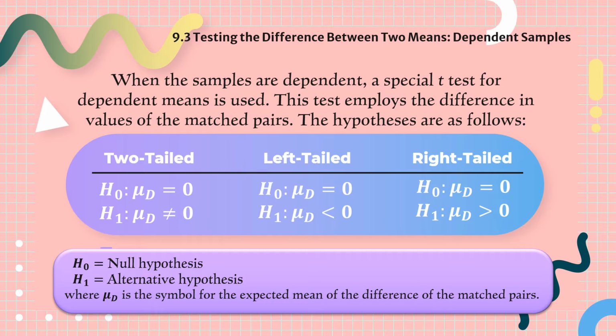We have two-tailed, left-tailed, and right-tailed. Nandyan pa rin yung null hypothesis natin and yung alternative hypothesis. But, yung gamit nating sign is mu sub d, wherein this symbol is the expected mean of the difference of the matched pairs.